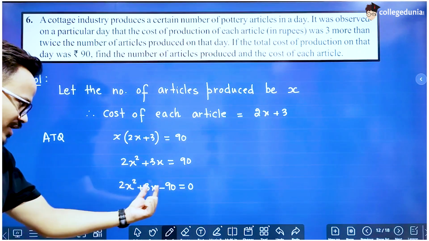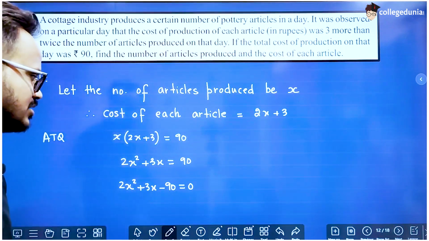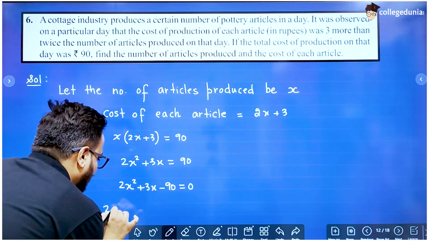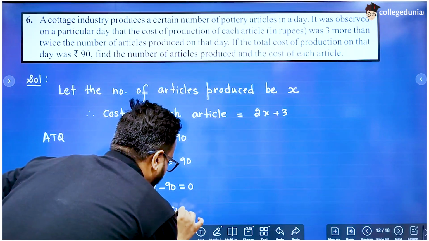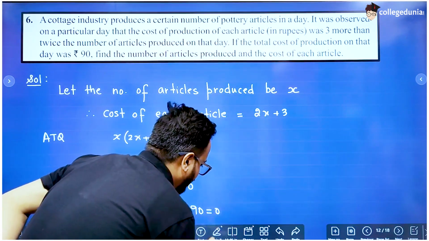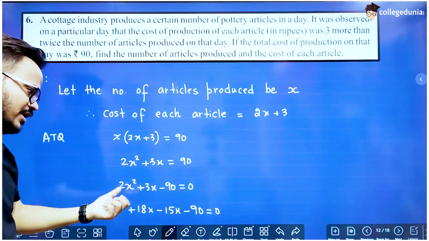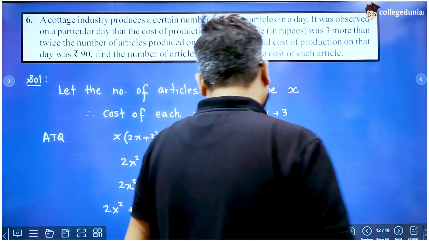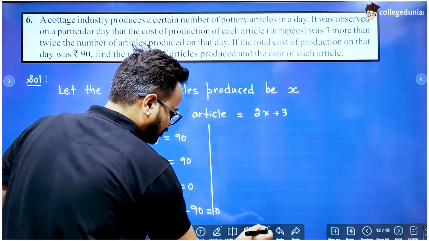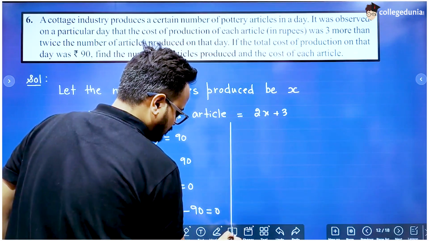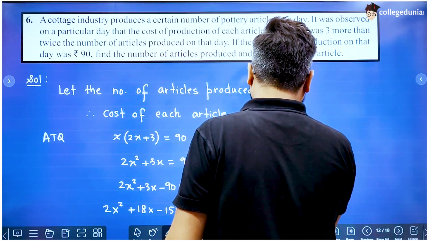Now multiply these two, 2x square into minus 90, you get minus 180, and the sum should be 3x. So that is plus 18x minus 15x. Because minus 15x into 18x, you will get minus 180x square. That is what is needed. So now take 2x common.